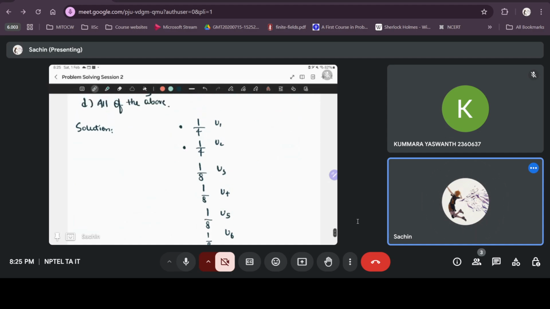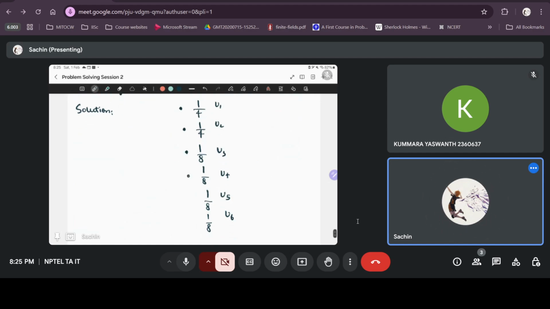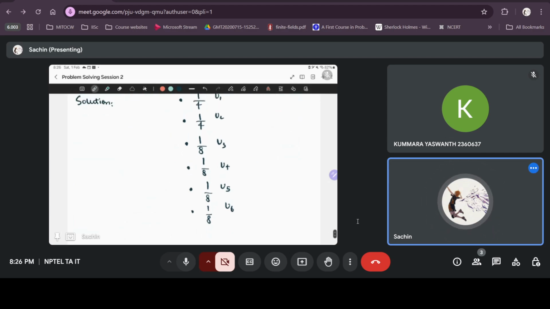And you draw a vertex for each message. Then you find the two least likely code words, that is, two code words with the smallest probability. If you arrange in descending order, then it's the last two code words, and you join both of them, and the probability of that node will be the sum of the probabilities of the 2 messages, which is 1/8 plus 1/8. That's 1/4.